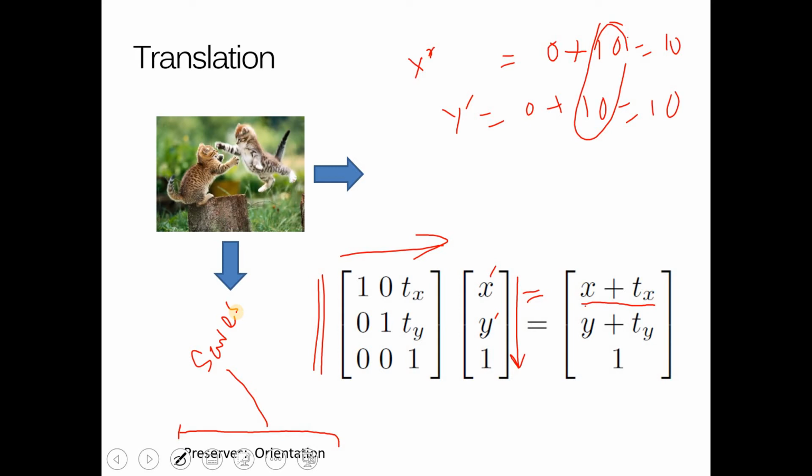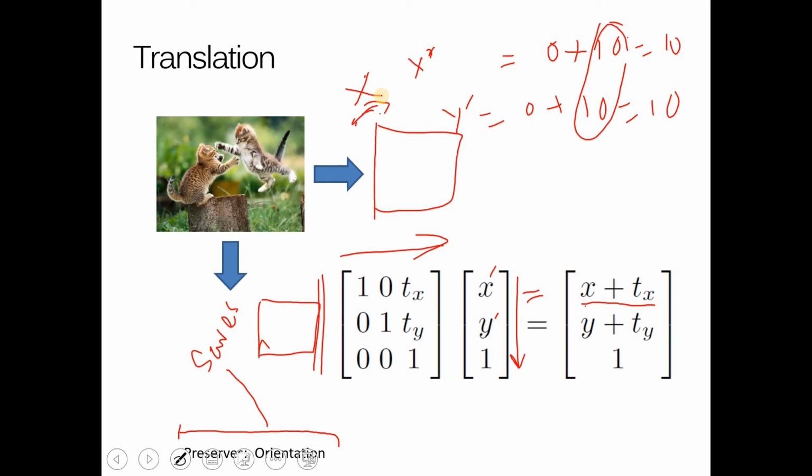So if you move the image in the x direction or y direction anywhere, the rotation of the image is not changed. The image is not rotated. If it was straight, it will remain straight. If it was tilted, it will remain tilted. So that's an important point. Exam question: translation preserves dash, and the dash here is orientation. Clear?